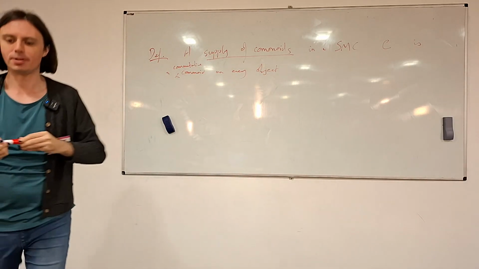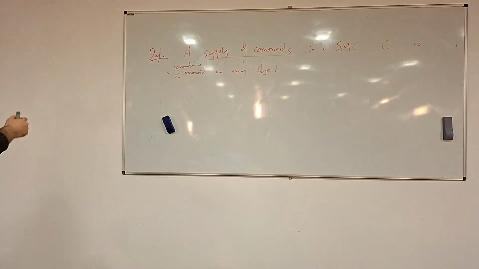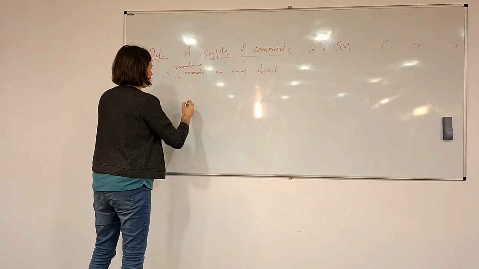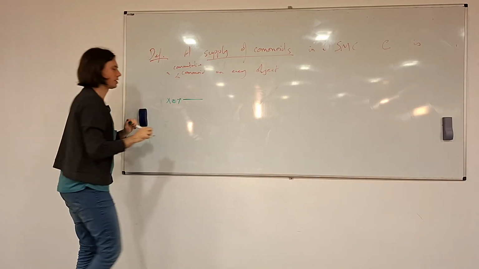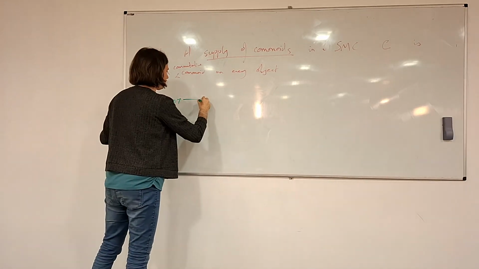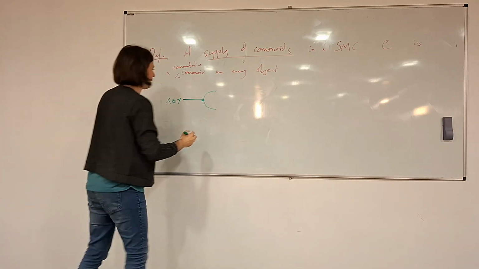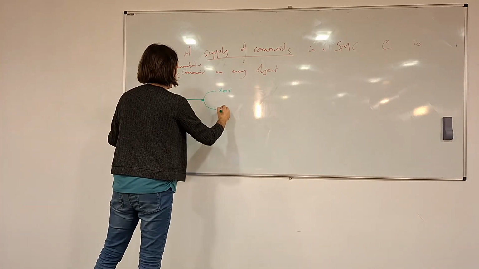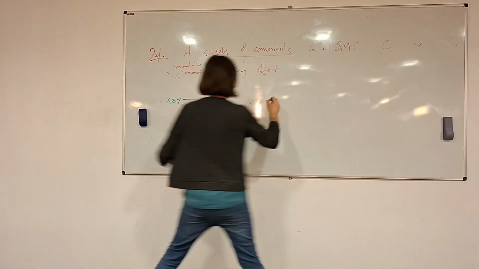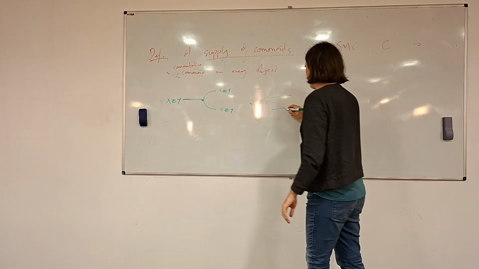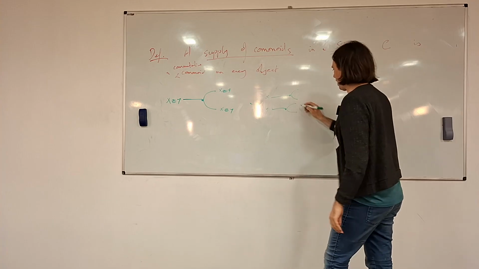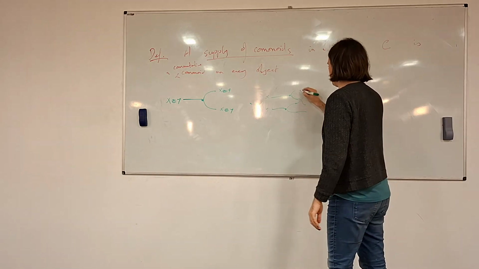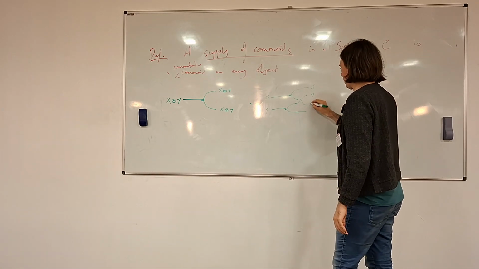What do I mean by compatibly? If I have an object that's a tensor product, x tensor y, and I copy it, this had better be the same as individually copying the x and the y, and then swapping these over. So this is now x, y, x, y.